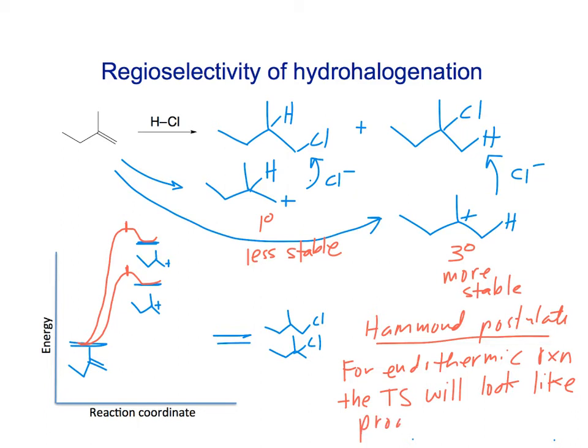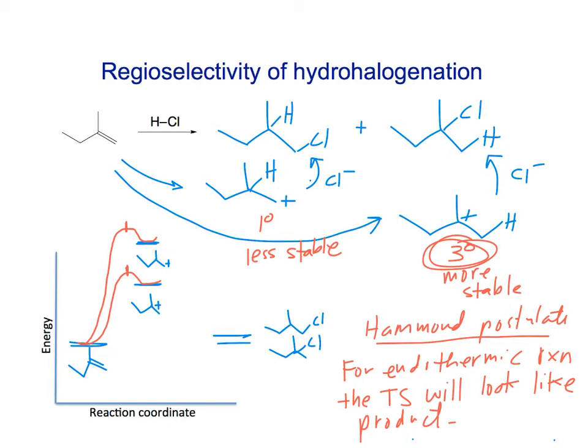And what that means is if greater substitution stabilizes this tertiary carbocation, that same substitution is also going to be more stable for the transition state. So the transition state leading to the tertiary carbocation is going to be more stable than the transition state leading to the primary carbocation.